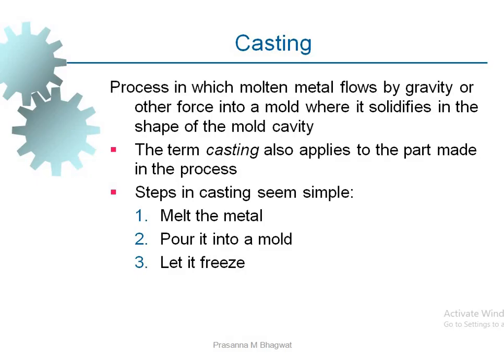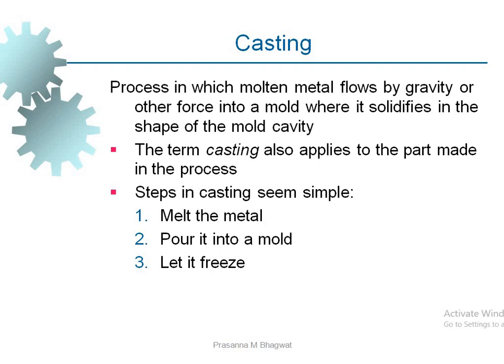Now, coming to the casting. Casting is a process in which the molten metal flows by gravity or other force into the mold, where it solidifies in the shape of the mold cavity. Accordingly, you will get the casting: if it is rectangular, you will get a rectangular one; if it is circular, you can get a circular one.